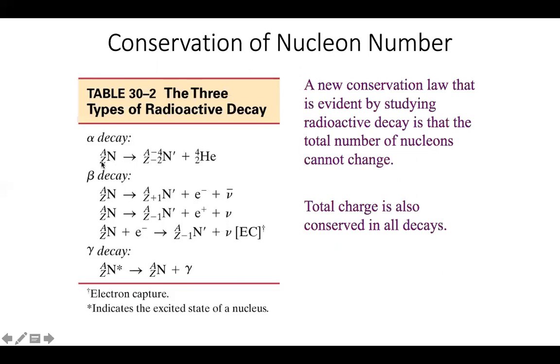Conservation of charge, Z protons to Z minus 2 plus the 2 protons in the helium nucleus, the alpha particle. Beta decay, same thing, whether it's an electron or a positron. The third one here in beta decay is called electron capture.